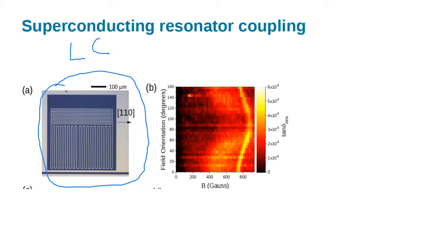So you can see there's two parts to it. This part is the capacitor. So this is just a pattern that's been drawn by lithography on top of a crystal, and these lines are written in a superconductor. So we've evaporated a superconducting material onto here. So this pattern here, this thing that looks like fingers that are locked together, so it looks kind of something like that.